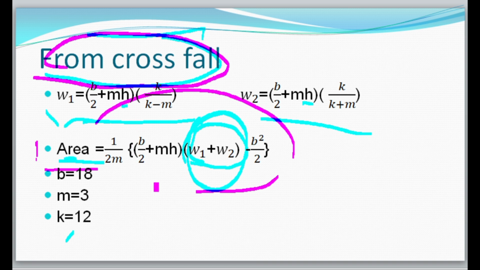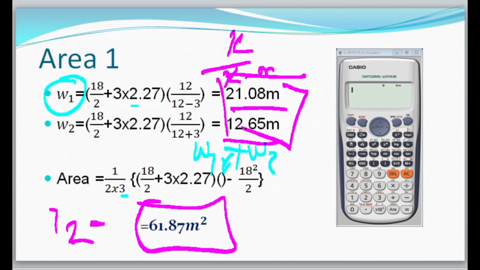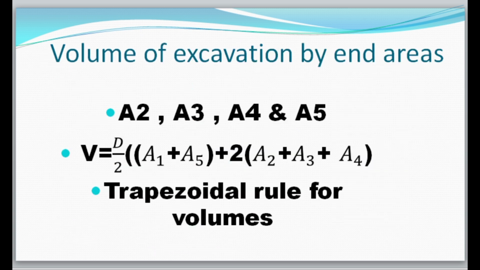The only difference we'll be having is that we have the w1, w2 and the h. The h will provide for us the difference in all those data. So you do the same for all the others, and finally, without wasting much time, you do for area 2, area 3, area 4 and area 5.